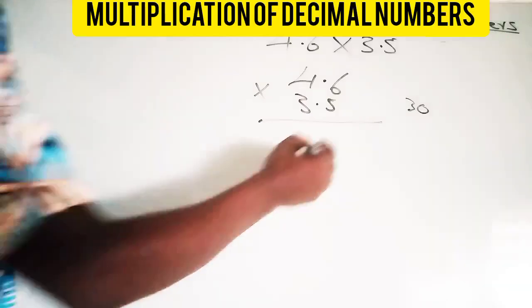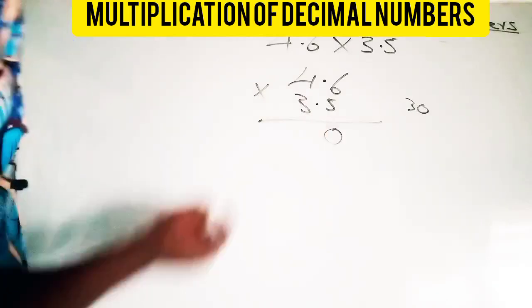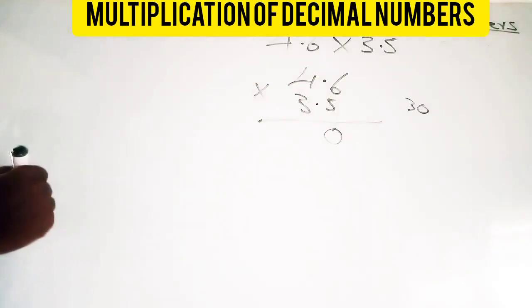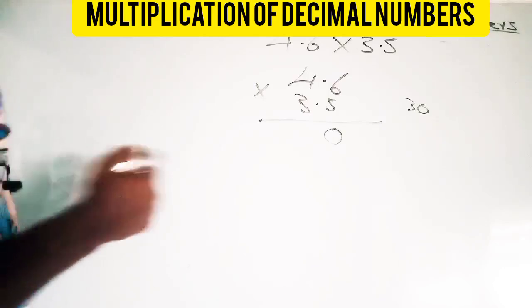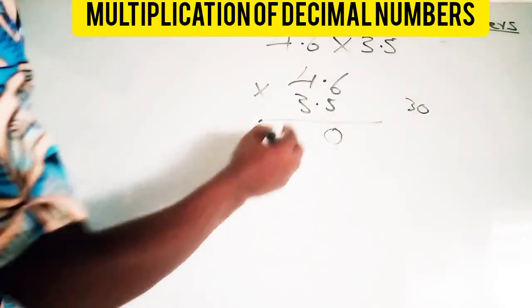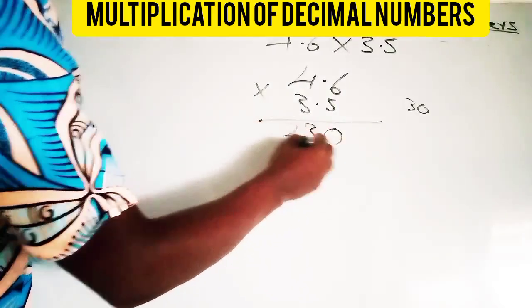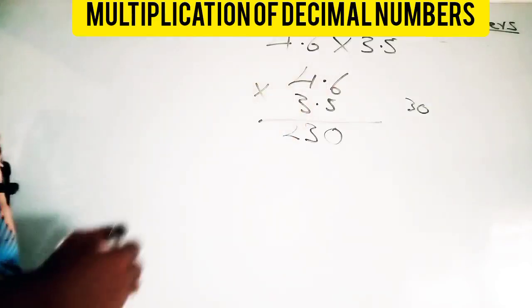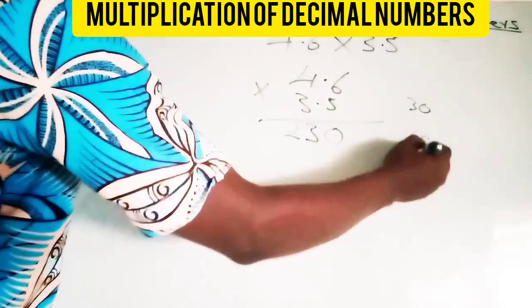So what do you do? You write the 0, carry 3. 5 times 4 will give us 20. 20 plus 3 should give you 23. 3 times 6 gives you 18.